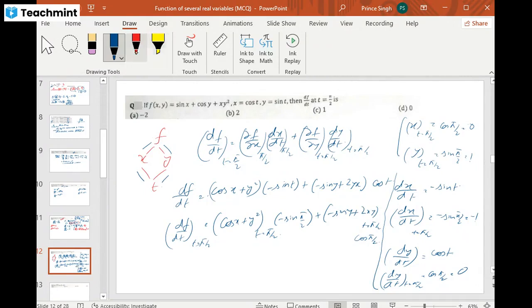Now cos pi by 2 is 0, so this term is 0, which means this whole term is 0.